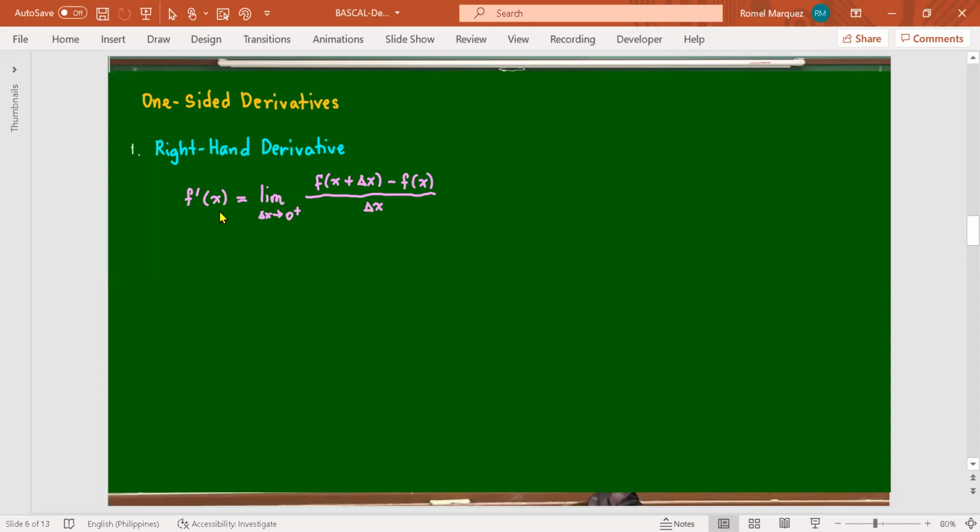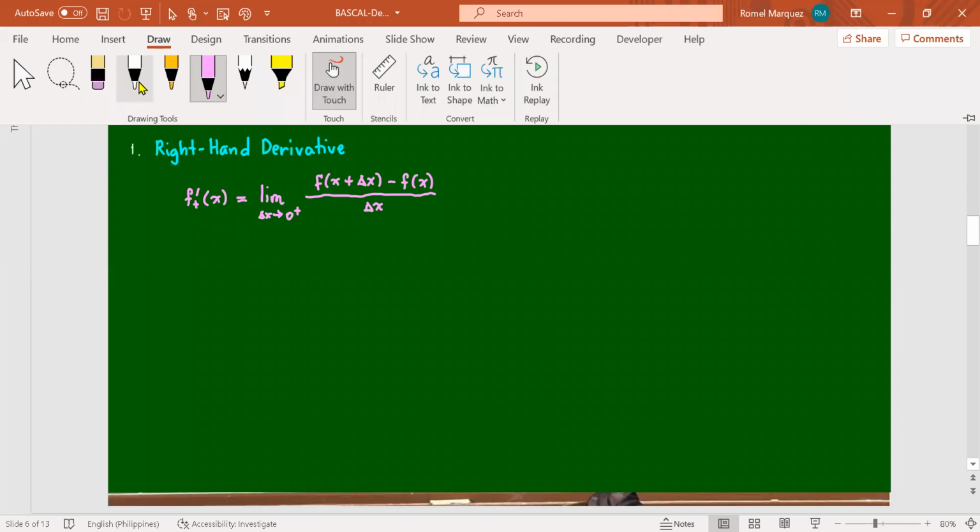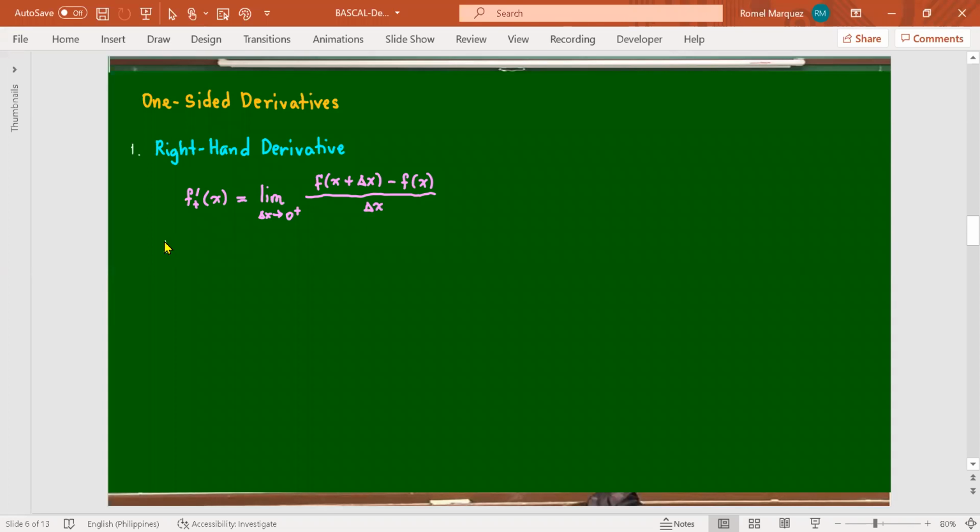Oo, yun lang talaga. At lalagyan nyo ng plus dito sa baba to mean right-hand derivative. If you know a particular x, so if x happens to be equal to a, then gagayahin nyo lang yung kanina. Papalitan nyo lang.